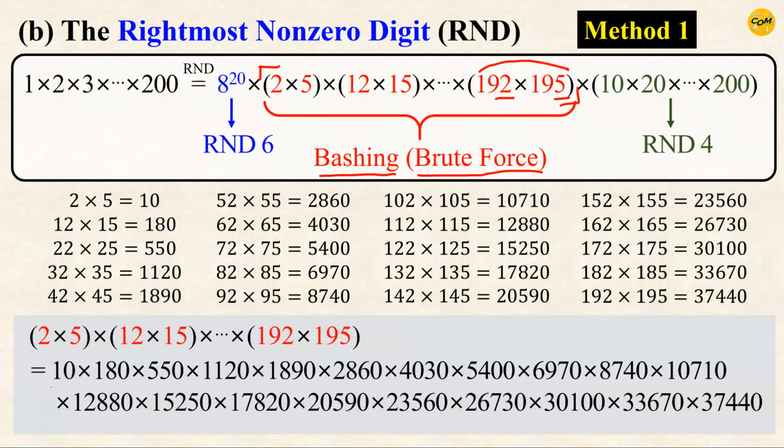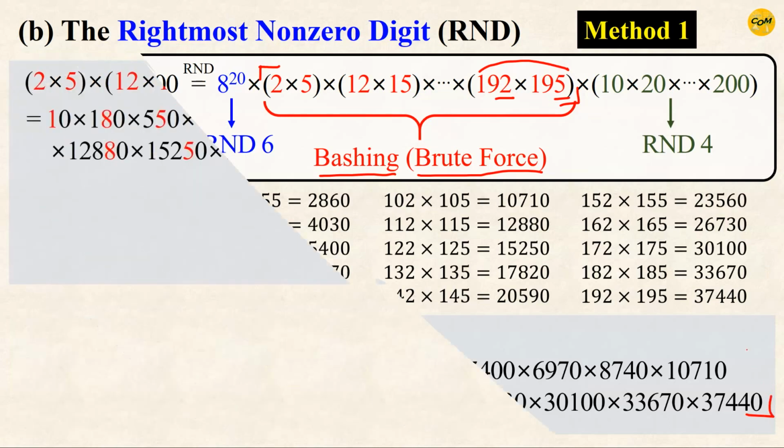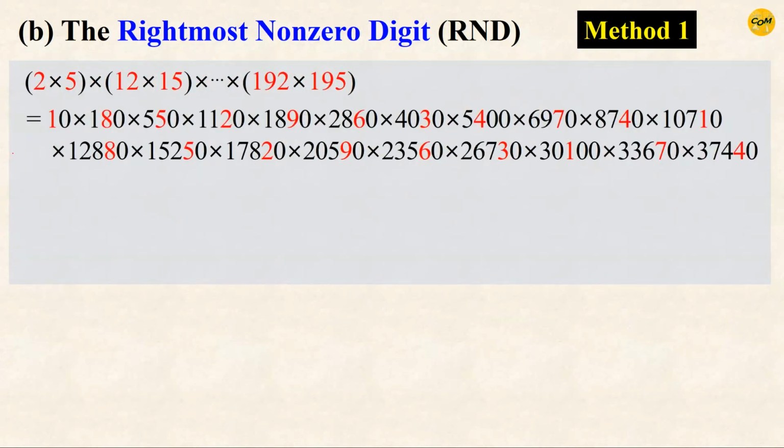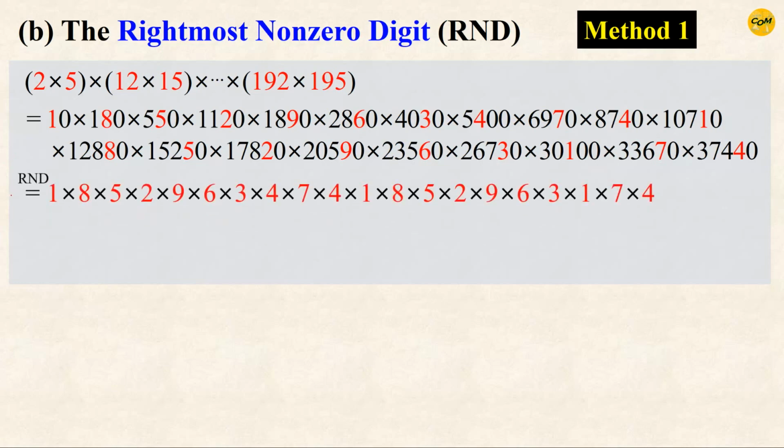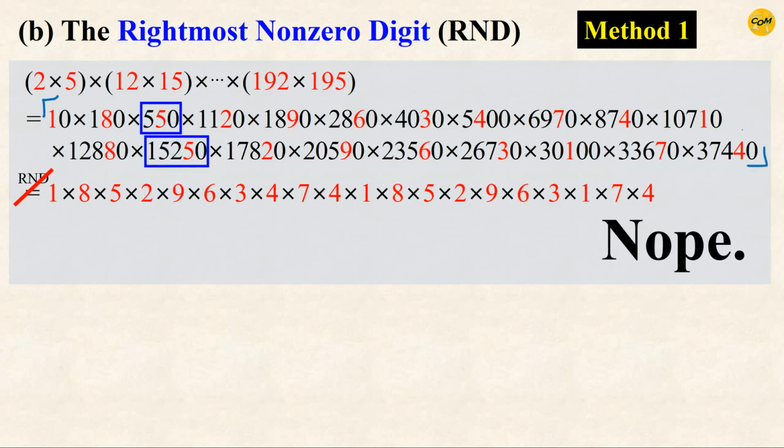Now, some of you might want to proceed like this. Okay, so we have obtained these 20 numbers with brute force. Now, each of these 20 numbers has its own rightmost non-zero digit. So the next step will be taking those 20 digits and multiplying them, right? No. This is actually so wrong because of these. Among these 20 products, 2 of them have rightmost non-zero digits of 5.